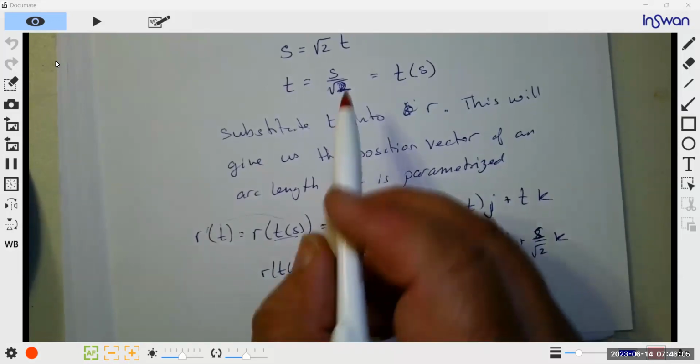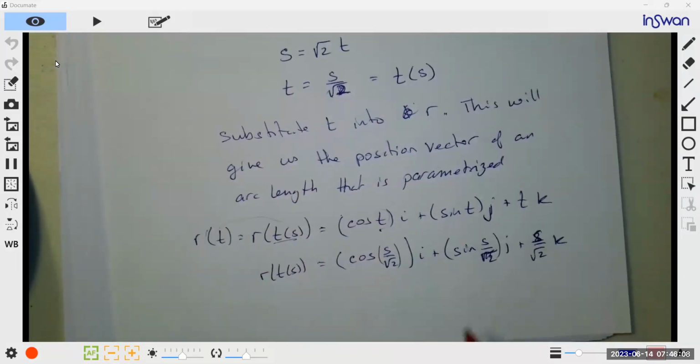Once we solve for t, we just replace t everywhere with what we just found.